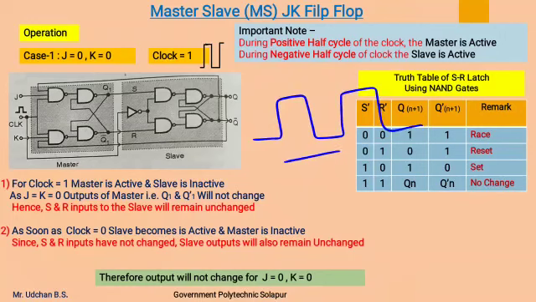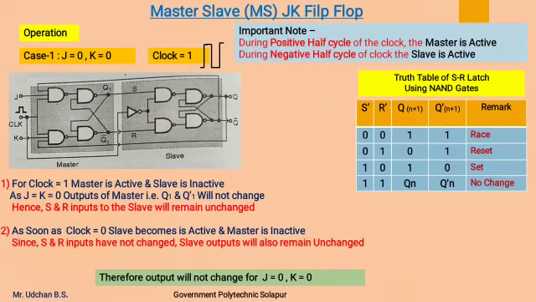In one clock cycle, a clock contains positive level and negative level, that is positive half cycle and negative half cycle. During the positive half cycle of the clock, master is active, and during the negative half cycle of the clock, the slave will be active. We are going to see the operation accordingly.